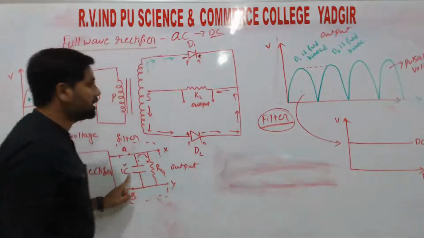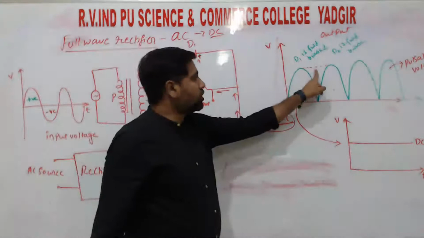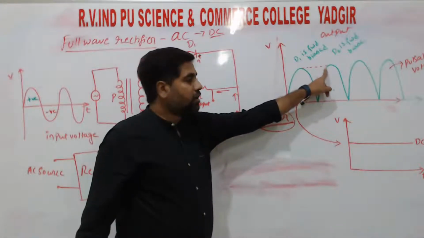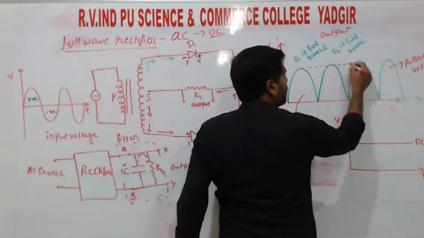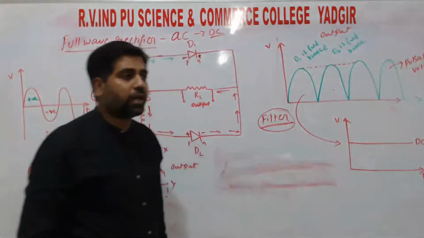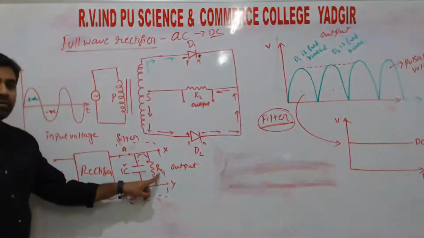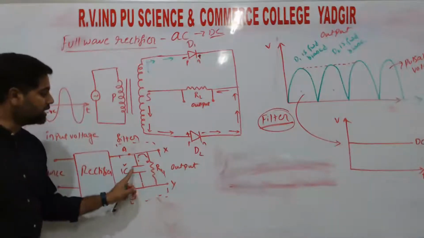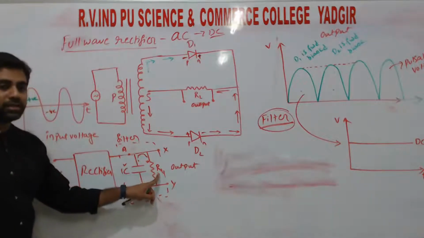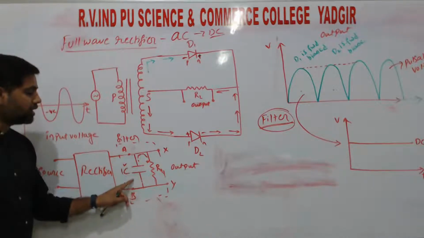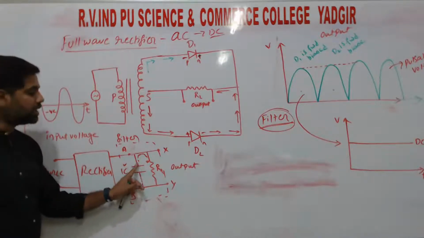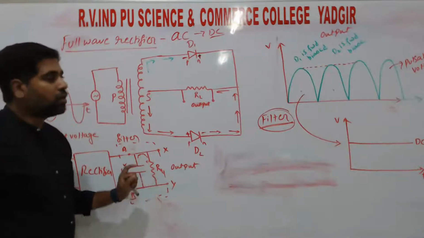So this capacitor is balancing the voltage of the load resistance, right? During the negative half cycle, once again it sends its charges to the load resistance. Again in the positive half cycle, this capacitor is completely charged and it loses its charges to the load resistance.